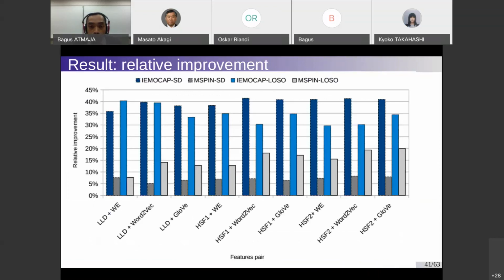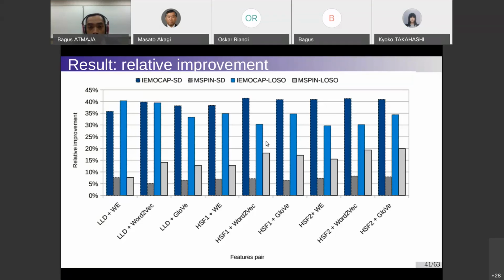And this is the relative improvement, comparing the two-stage approach with the single stage from DNN only. We can see that in the IEMOCAP dataset, we obtain improvement of about 30% to 40%. In the MSP-IMPROV dataset, the improvement is smaller, about 5 to 15%.